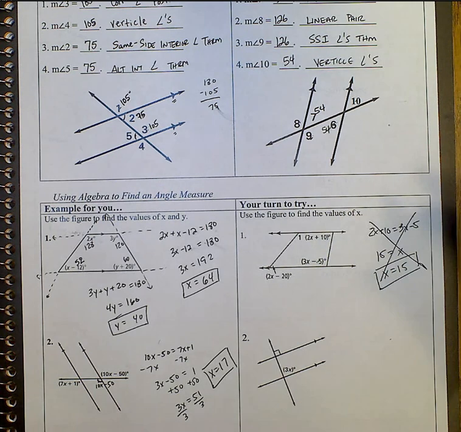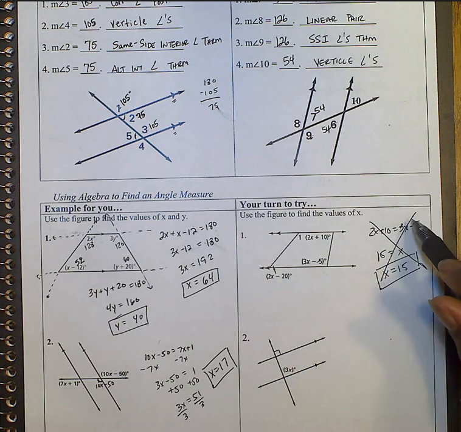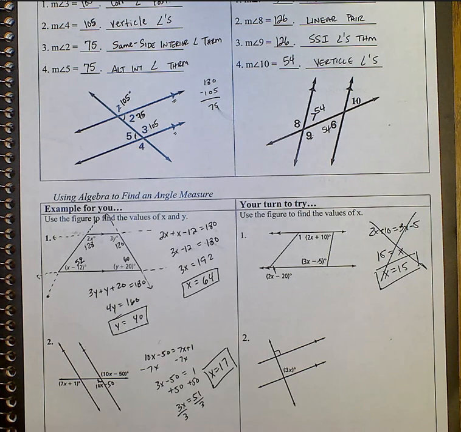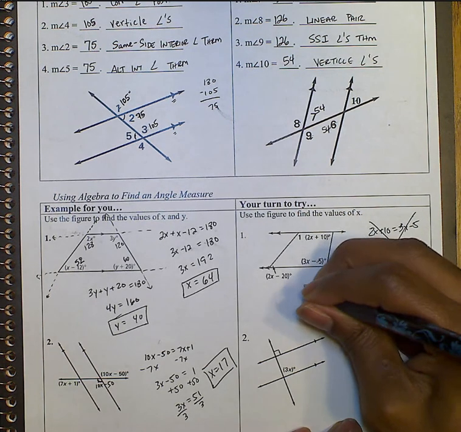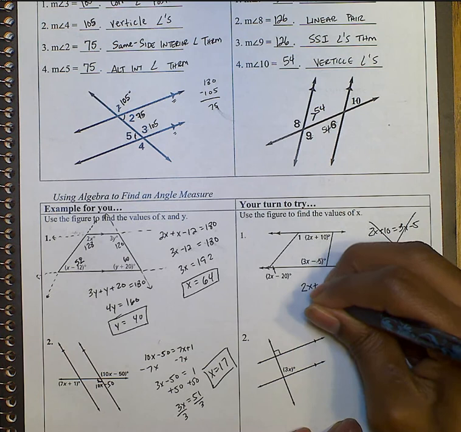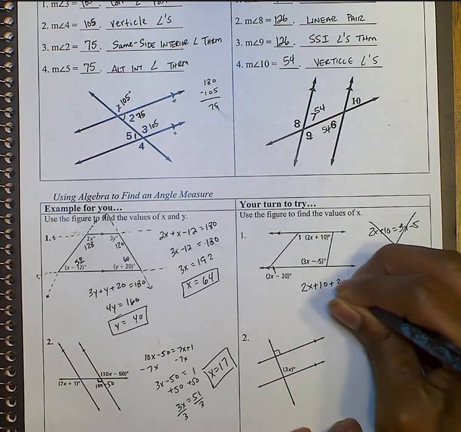Alright, so most of the time people see angles and they want to put them together. Remember, there's only one pair of angles that does not do that. That's same side interior. These two are same side interior. Same side interior angles add up to 180. They're supplementary.